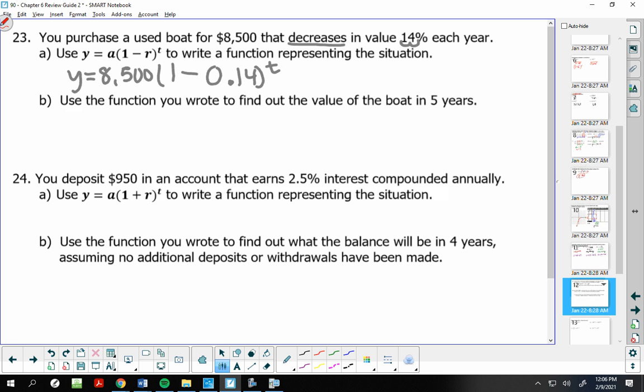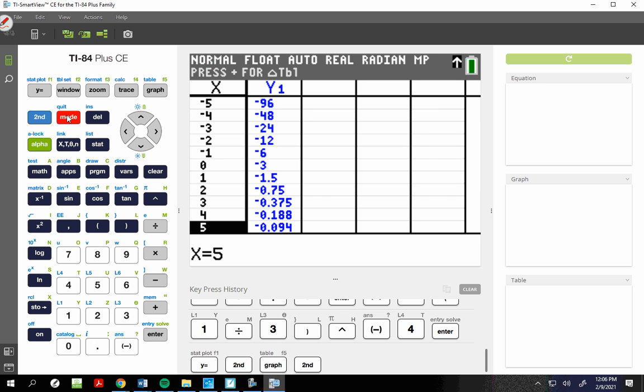And now we want to use the function to find what the value of the boat is in 5 years. Well, if it's decaying, then it's going down. So it's going to be less than 8,500. So let's plug that in our calculators.